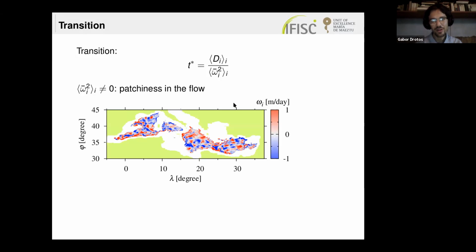And if I evaluate omega I at some sufficiently late time and plot it as a function of the initial horizontal position, we can see that it indeed exhibits a patchiness all over the Mediterranean. But it is also not completely homogeneous. There are considerable deviations, but in a patchy way.